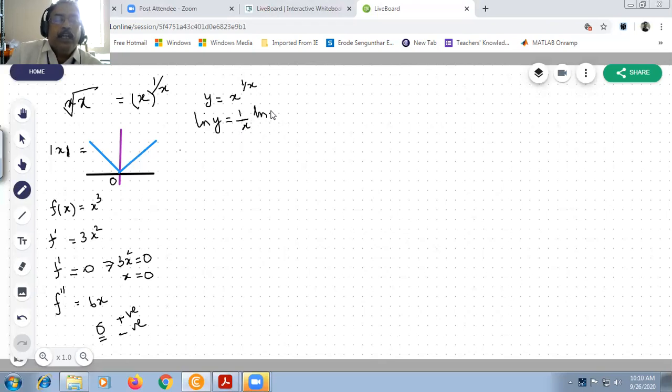ln x, there is a lot of difference between ln and log, is it not? Okay, so differentiating with respect to x, we have y dash, 1 by y dash is equal to 1 by x into ln x is 1 by x, plus minus 1 by x square.